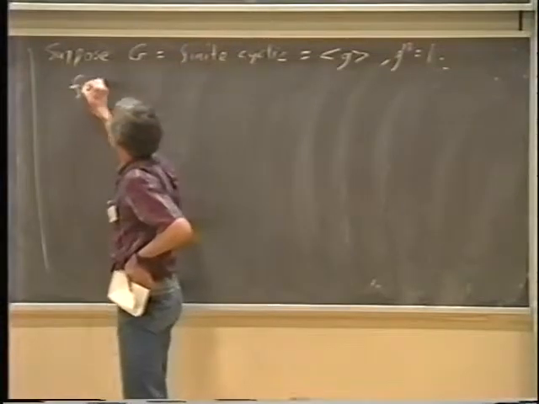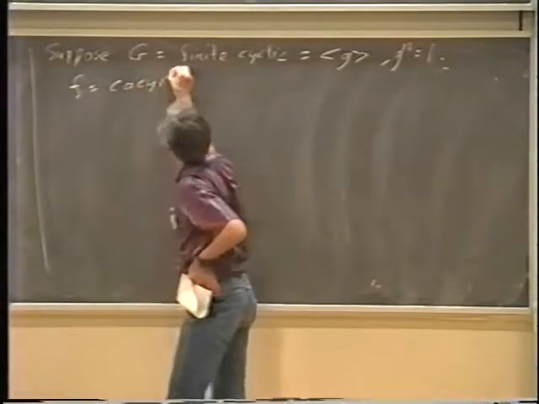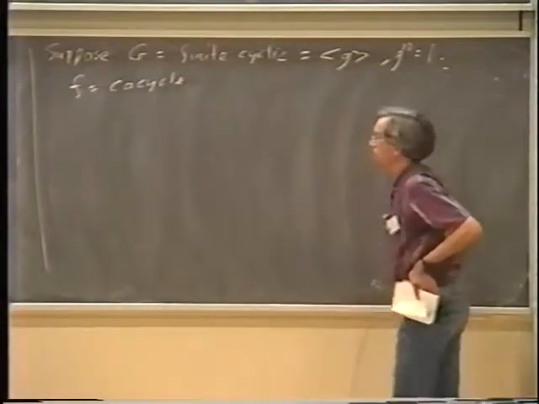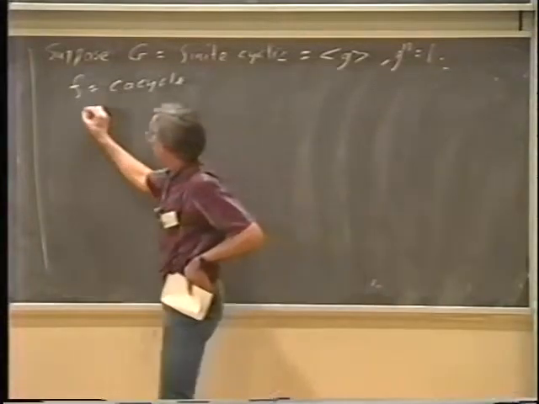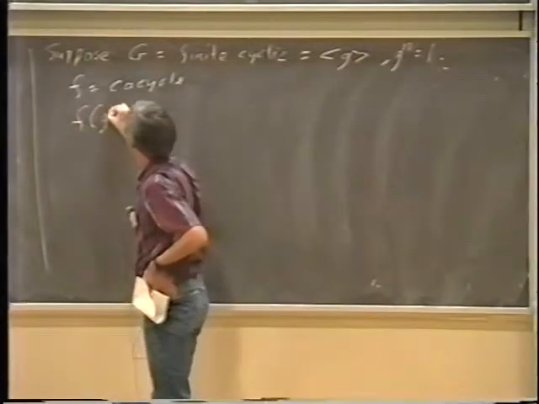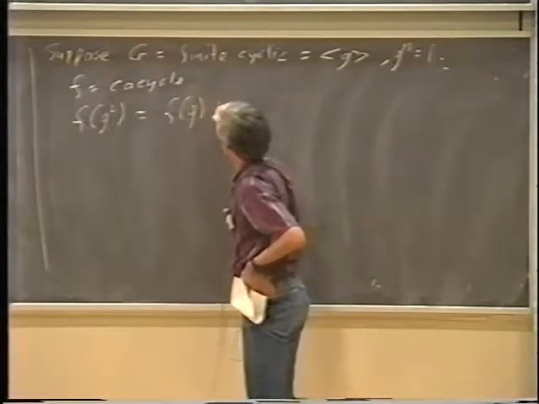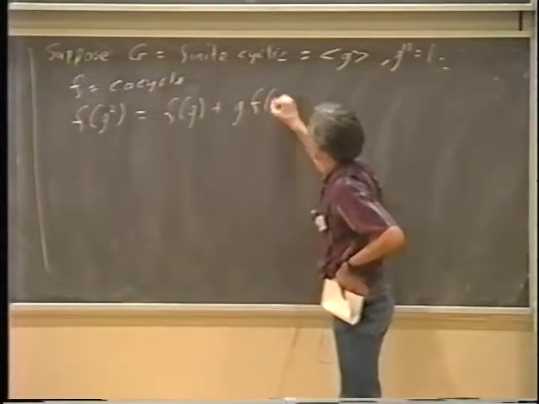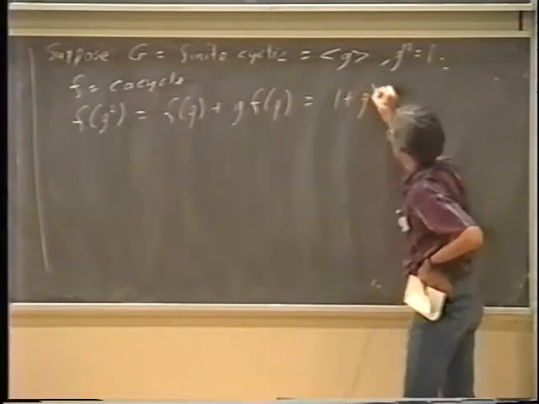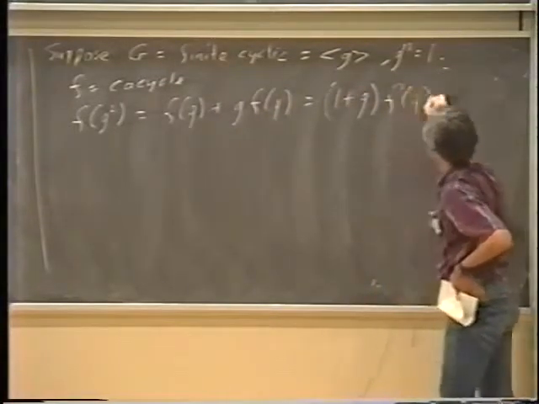Well, let f be a cocycle. We can do calculations like f of g squared, just using the cocycle relation, is f of g plus g times f of g. So I'll write that as 1 plus g times f of g.